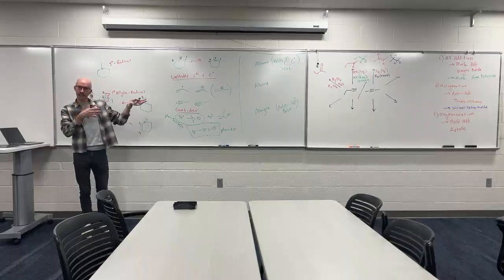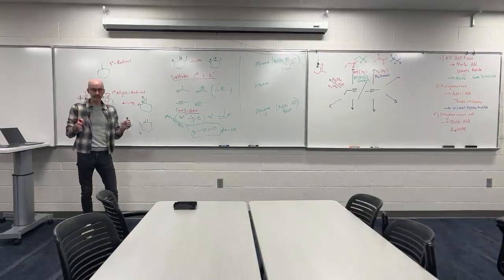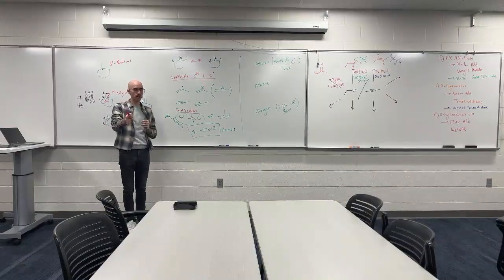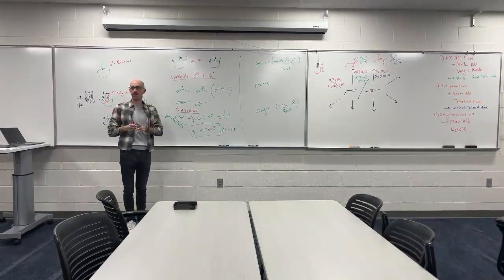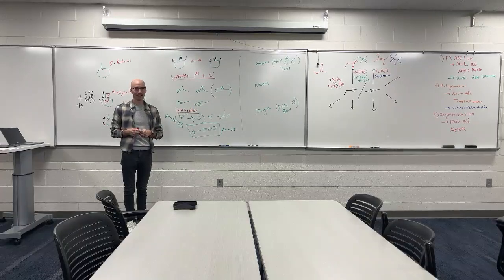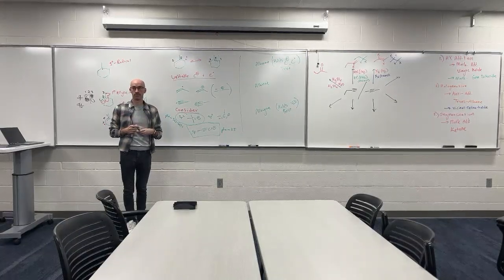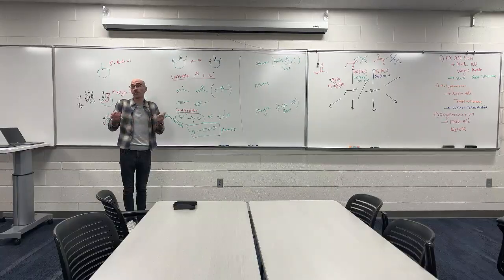Does it look like a hydration product? When we hydrated alkenes, we said put an H on one carbon, put an OH on the other, added water. Have I added water to this compound? Have I added H2 and O? Does there need to be an OH?